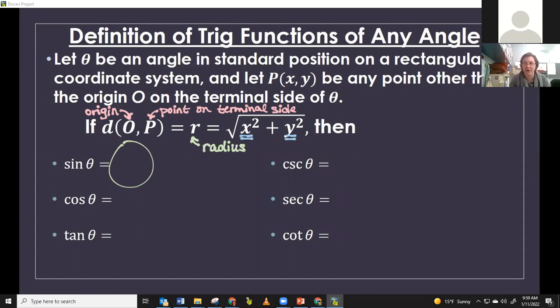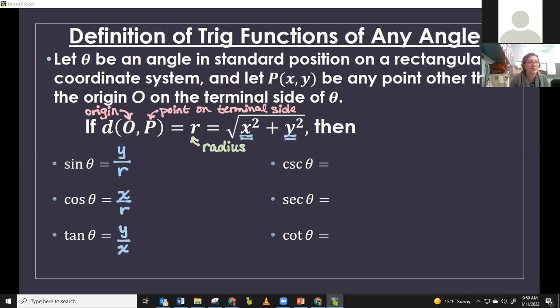This was in the second video. Yes, absolutely correct, Olivia. This is y over r. What about cosine? X over r. And so tangent would be what? Y over x.